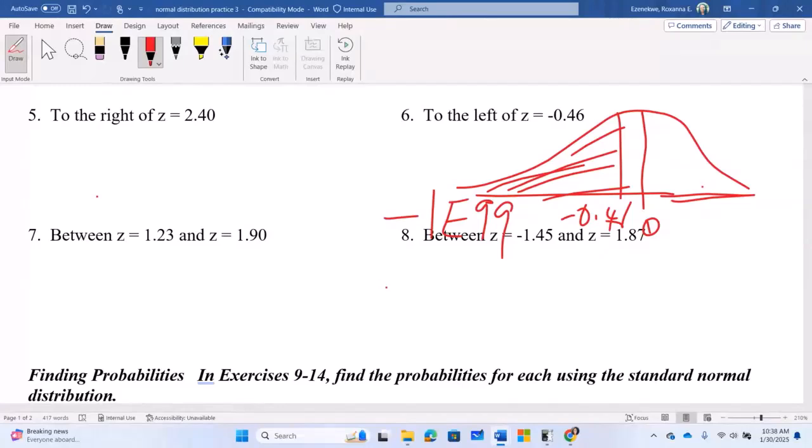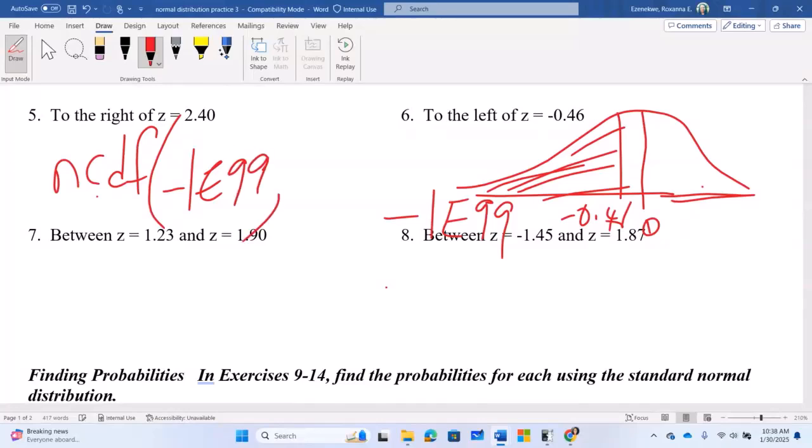So this is what I'm going to type in: normal cumulative density function from the lower bound, negative infinity, to the upper bound, negative 0.46. The mean is 0. The standard deviation is 1. So I'm about to calculate. I want to find that area right now.